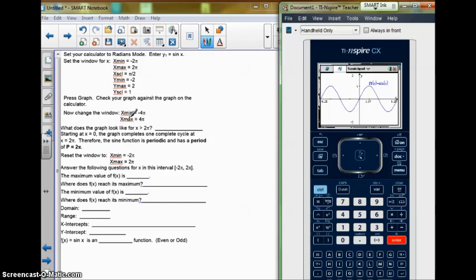Okay, so now they want us to change our window to be negative 4 pi and 4 pi. So we go back, menu 4, 1, and we're just going to change that to negative 4 pi, and then 4 pi.